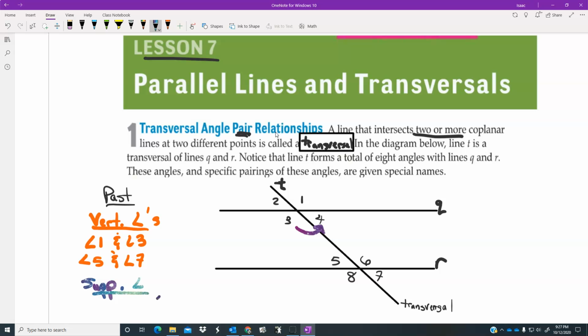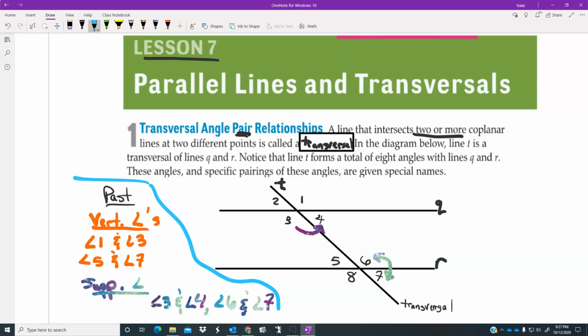So we've got a combination of angle 3 and angle 4. That would be a supplementary pair. They could even be ones that are side by side like this, right next to each other, that make a line, like say angle 6 and angle 7. Now, these things that I just discussed are all stuff that we've learned in the past.